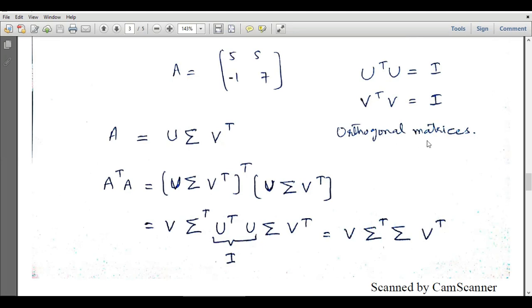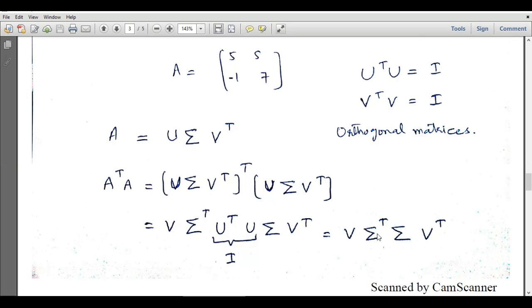Since the V matrix is an orthogonal matrix, V transpose is equal to V inverse, right? V transpose is equal to V inverse such that V transpose multiplied by V is equal to identity. So this V transpose is equal to V inverse, and we can say that the matrix of eigenvectors of A transpose A is actually our V matrix, and then we will evaluate the eigenvalues of A transpose A, and we will get sigma transpose multiplied by sigma, and that will be our diagonal matrix.